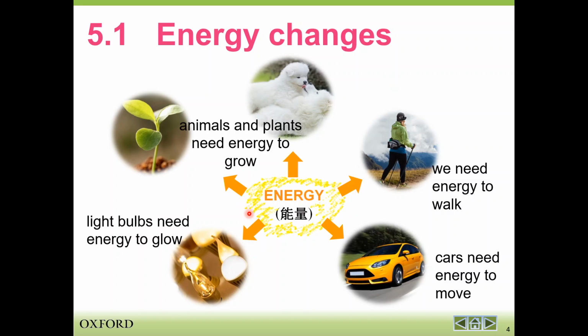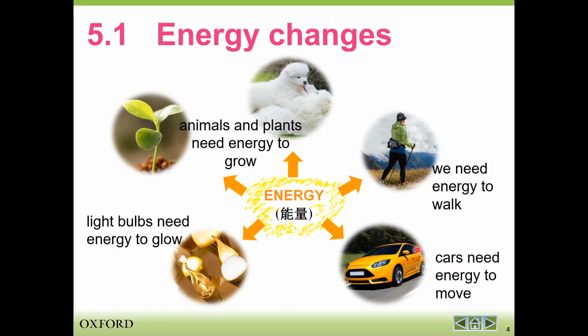Energy can be changed. Animals and plants need energy to grow. To run, to move needs energy. The light bulbs here need energy to glow. And humans like us need energy to walk, to run, to climb, to play.